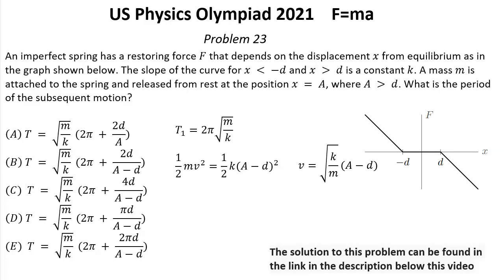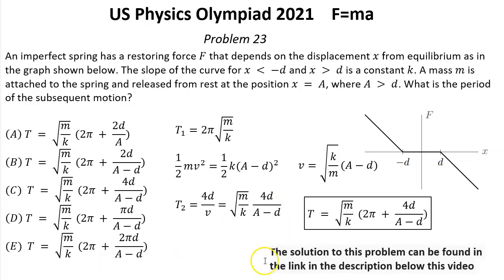And now we can count what is the time to move the object from negative d to d and back from d to negative d. That will be 4d over v, or this expression. And finally total time equal t1 plus t2, or this expression, which is answer C, and that was the solution for problem number 23.